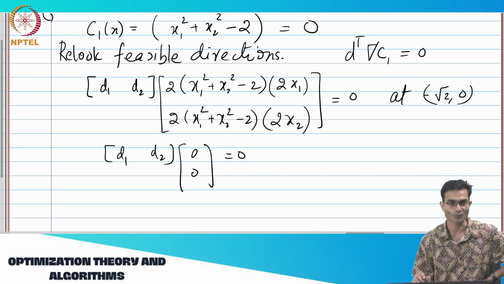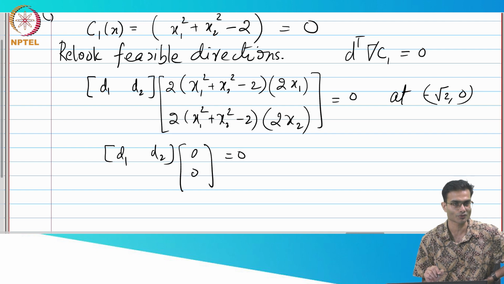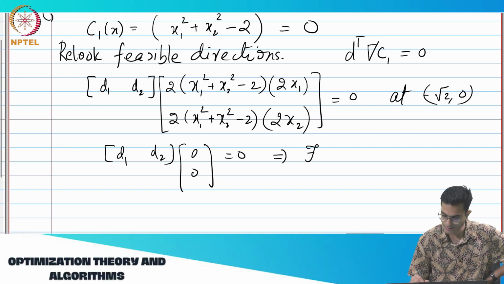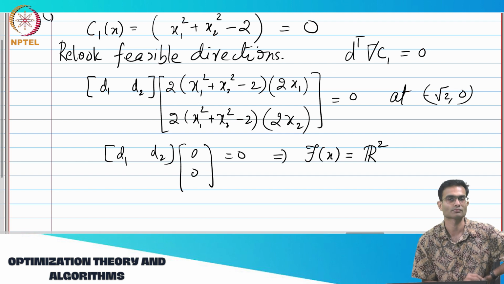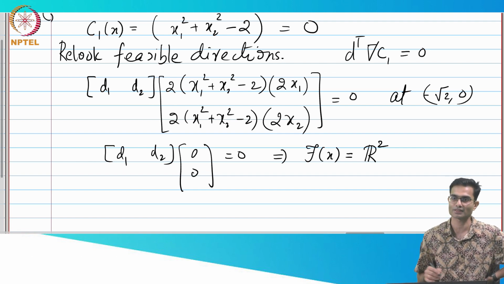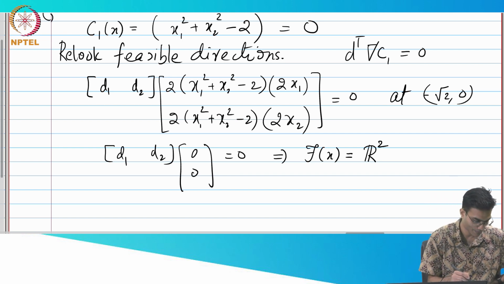So, does this mean d1 equal to 0 or d2 equal to 0 or no? It means d1, d2 could be anything, right? So, this tells me that my feasible set is equal to, pick your favorite d1, d2, it satisfies these conditions, right?